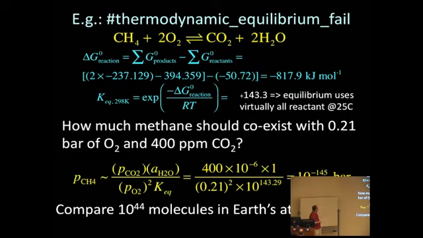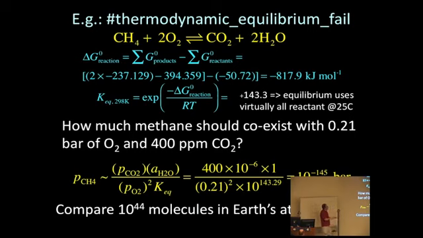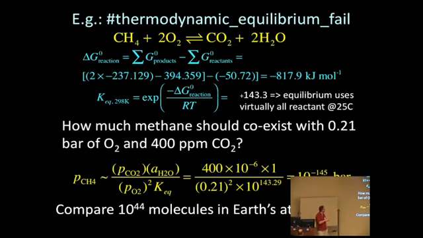So in our own atmosphere, how much methane should coexist with 0.21 bars of oxygen and 400 parts per million of CO2, which is what we currently have, keeps going up.